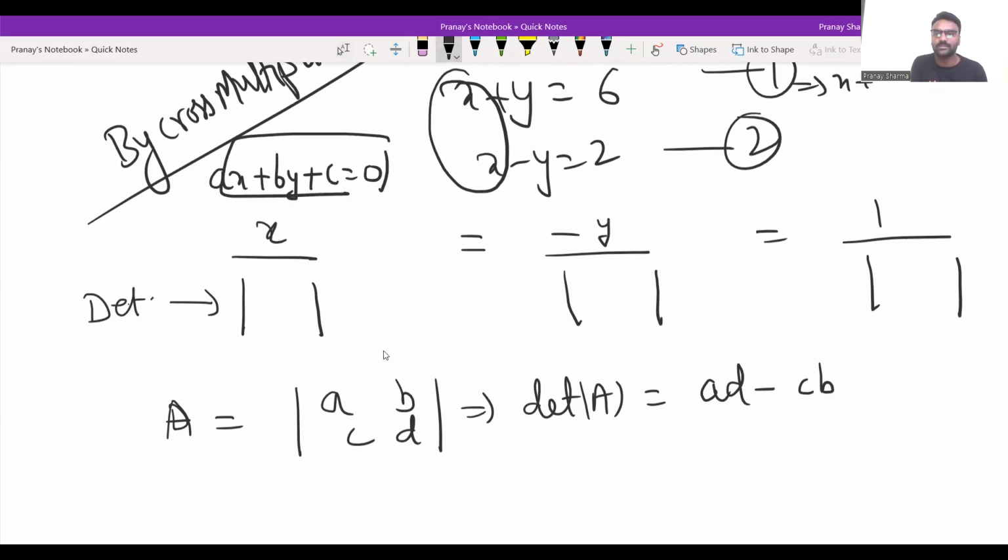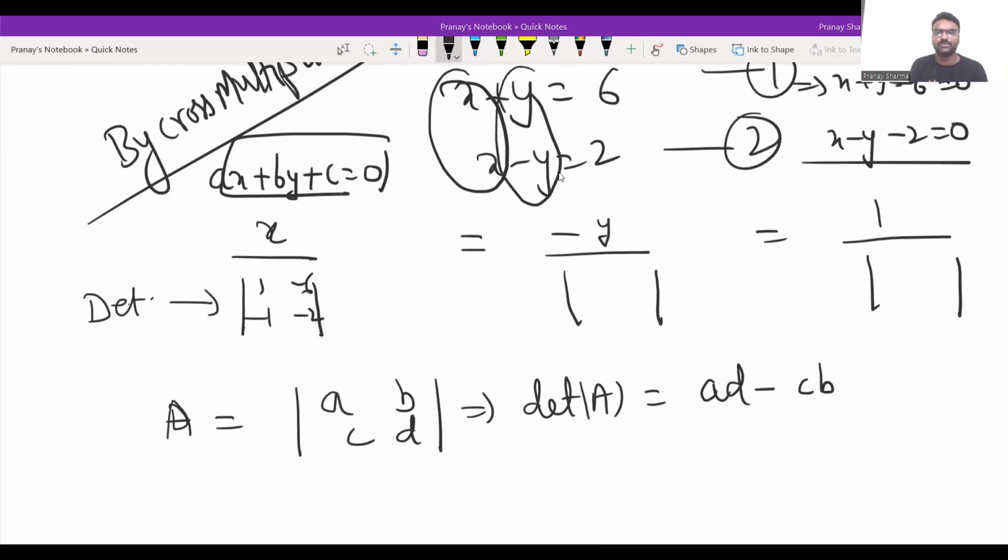So this will be x plus y minus 6 equals 0 and x minus y minus 2 equals 0. Now you should write the coefficients. Hide all the coefficients of x, so we'll have 1, minus 1, that is the coefficient of y, and then minus 6 and minus 2, the constant terms. For y, hide all the coefficients of y, that means this complete set is to be hidden.